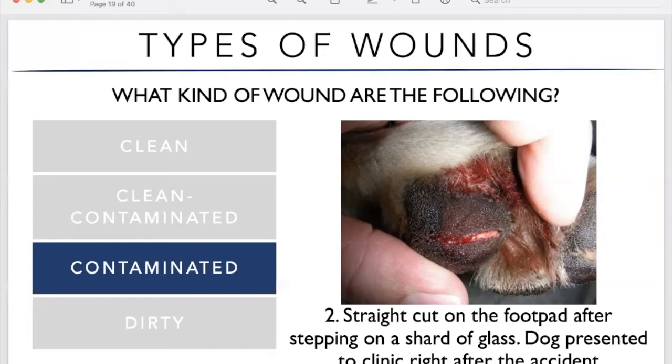Sorry. Right? Why is it contaminated? This is a traumatic injury to begin with. All right. And the dog might be presented to the clinic immediately. But we don't know if that glass is clean. We don't know what happened during transport. So that is immediately classified as a contaminated wound.